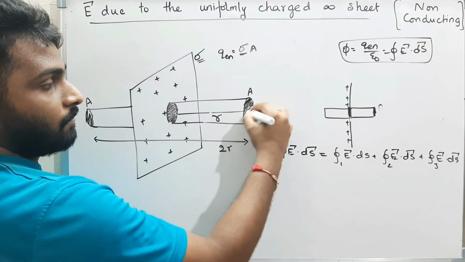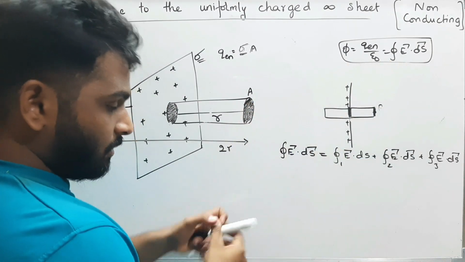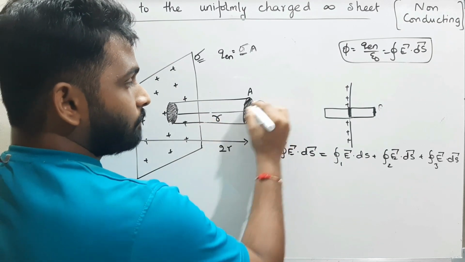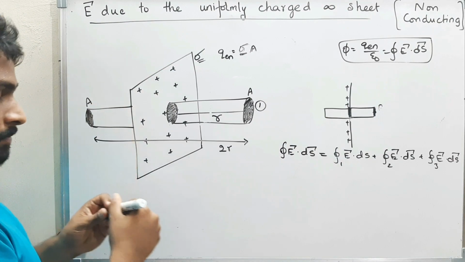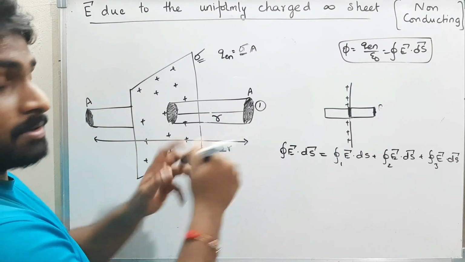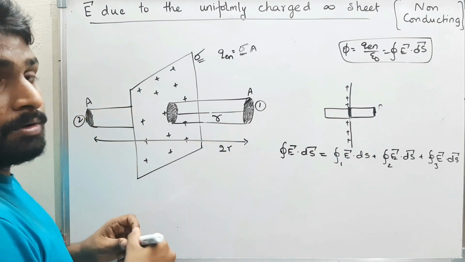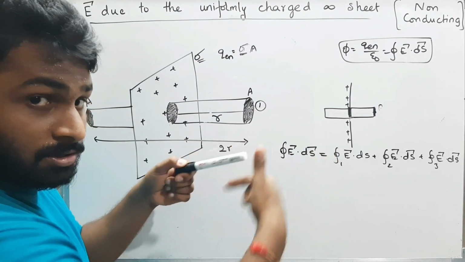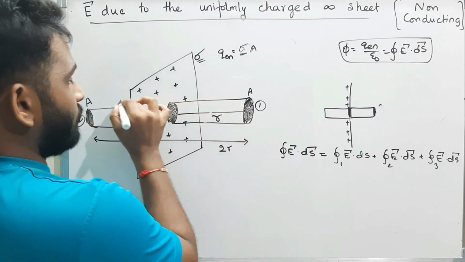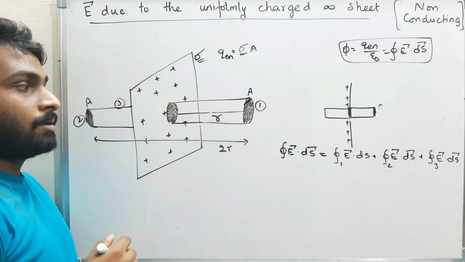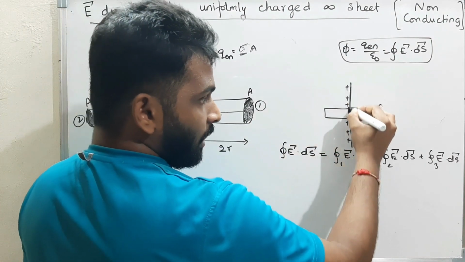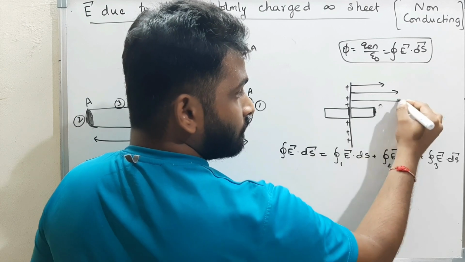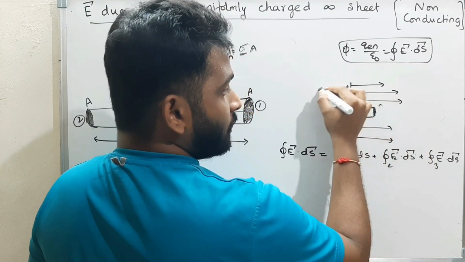I am assuming this side of the cylinder, the base area 1, is the first surface, and this other side, the base area, is the second surface. And the remaining third surface is the overall cross section area, the curved surface. Now see here, this is the sheet, and the electric field lines will be in this direction, in both directions, in both ways.